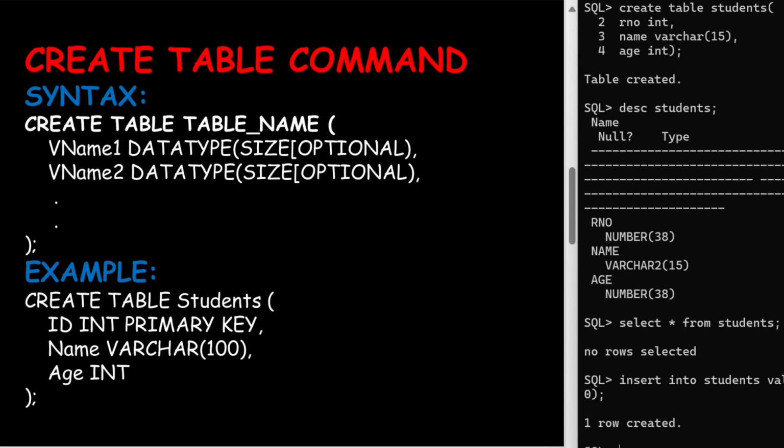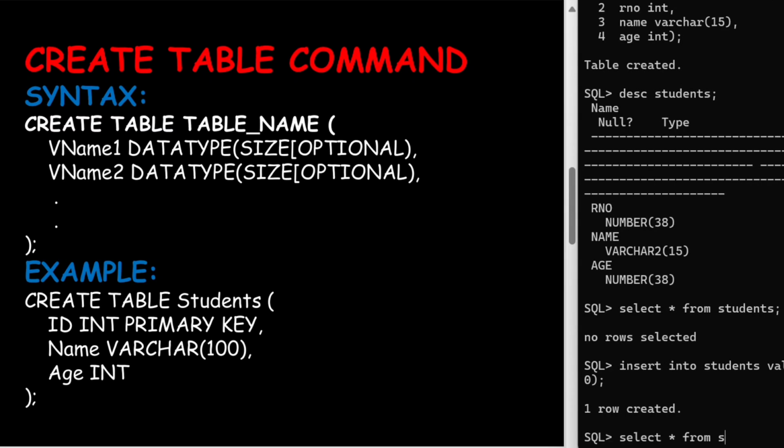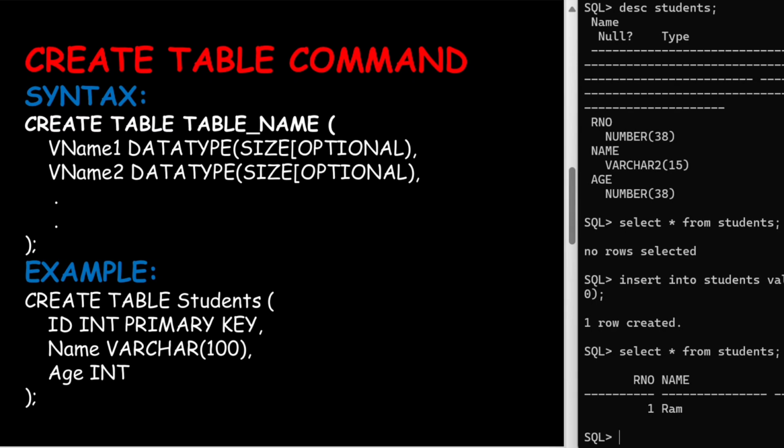Since we are going to give them in the same order, we need not explicitly mention the field names. So insert into students values 1 comma ram for name. Since it is a varchar, we are giving it within single quotes. We have got an acknowledgement of one row created, and we are going to verify it with the help of the select command.